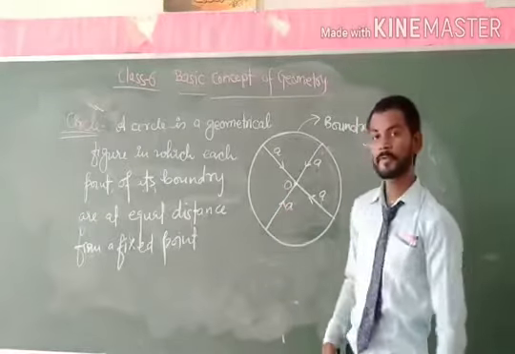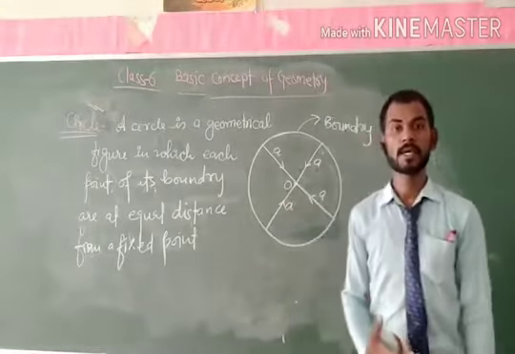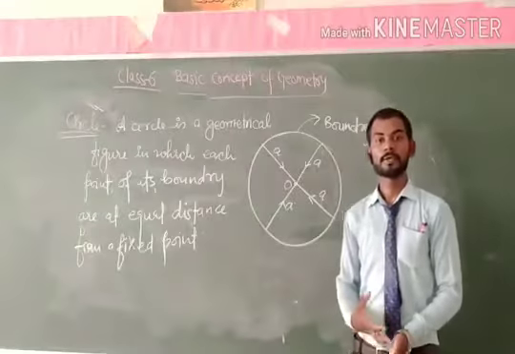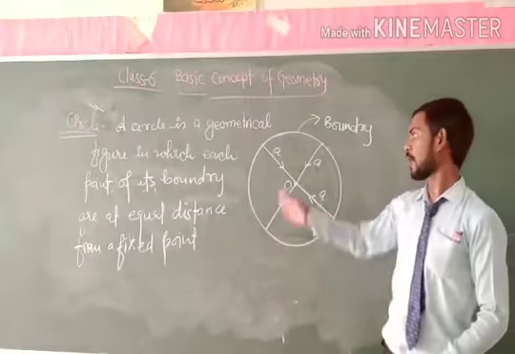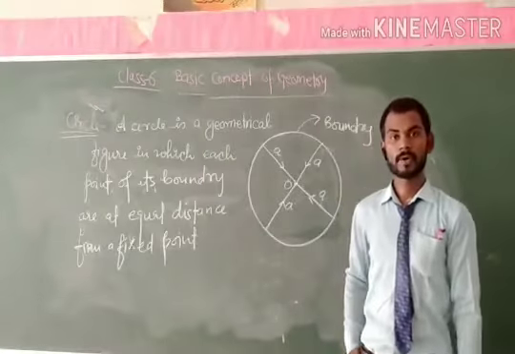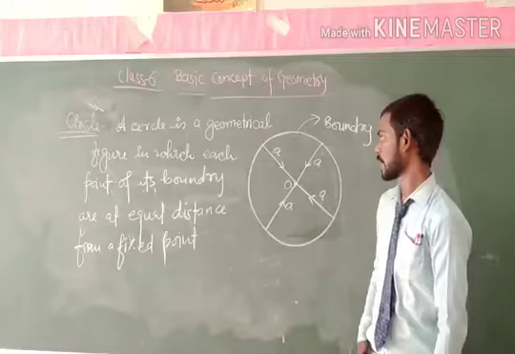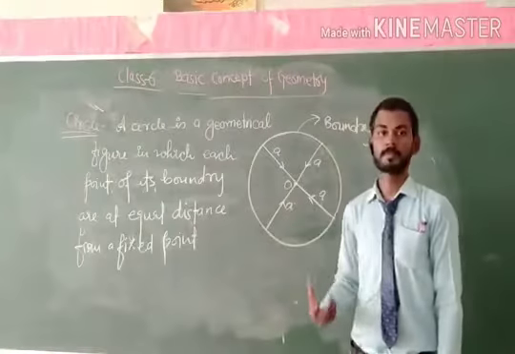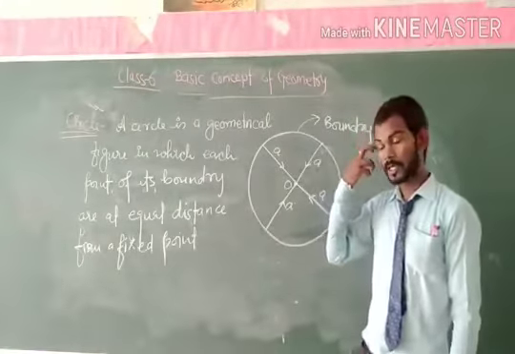So we define a circle as a geometrical figure in which every point of its boundary is at equal distance from a fixed point. I hope the definition of the circle is clear.